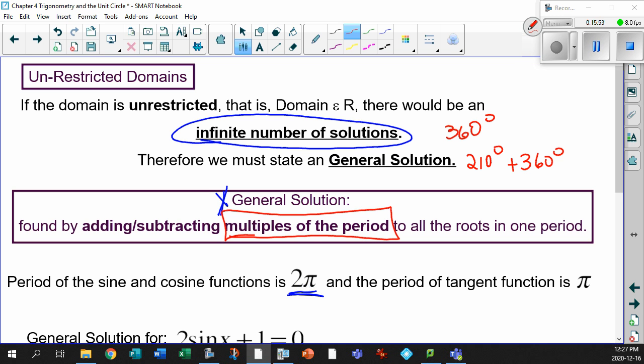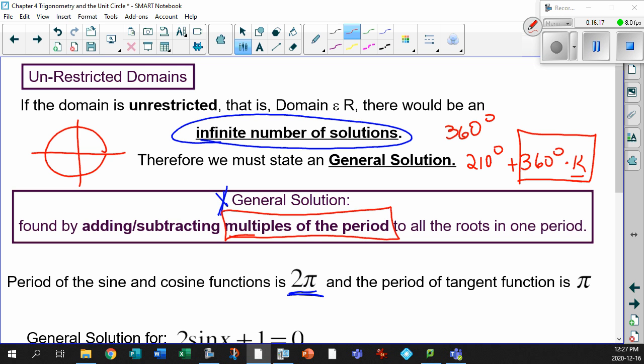But what if I wanted to go on and on forever? Well, wouldn't I have to multiply it by some factor? And that factor, of course, is going to be a positive number. And it's in fact going to be an integer. So in other words, how many revolutions is going to be determined by this value.